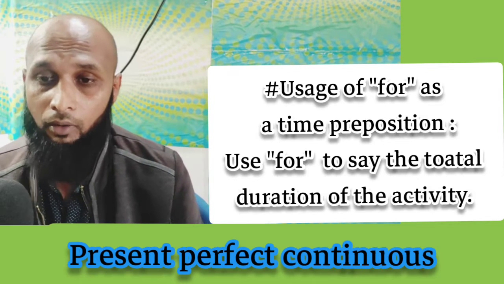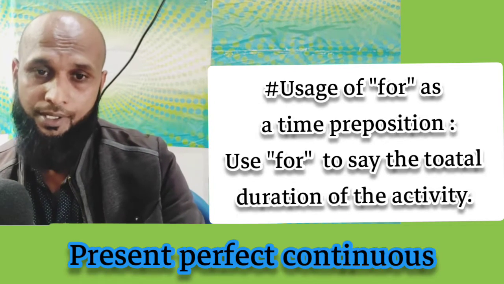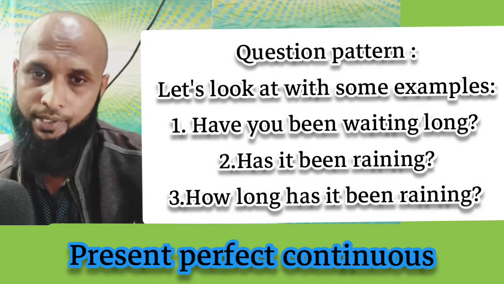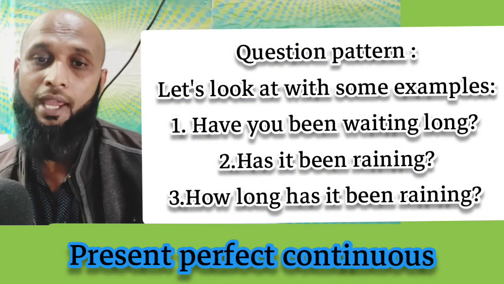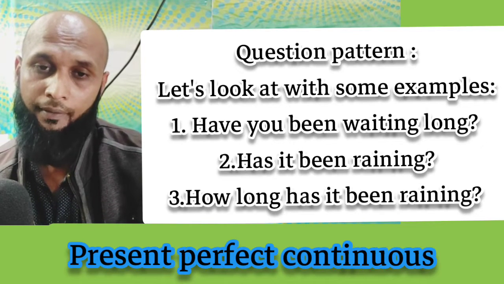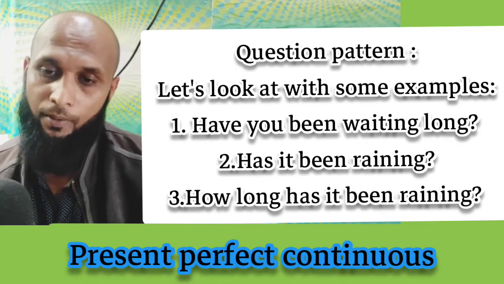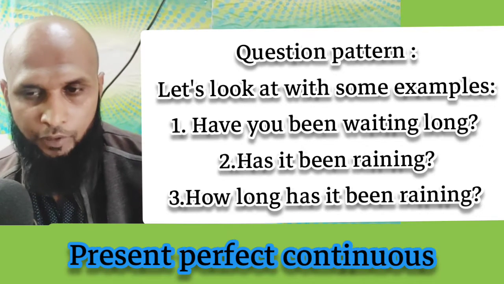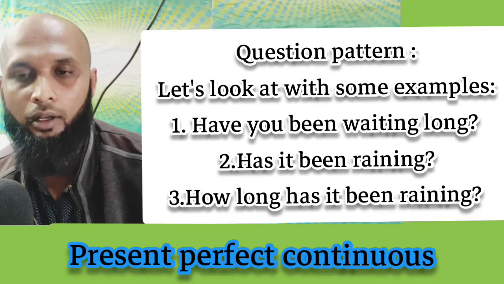Now, how are you going to make questions? The question form would be, as I have already told you, you're going to use have been or has been first, has been doing. Let me give you some examples so that you can understand it better. Have you been waiting long?